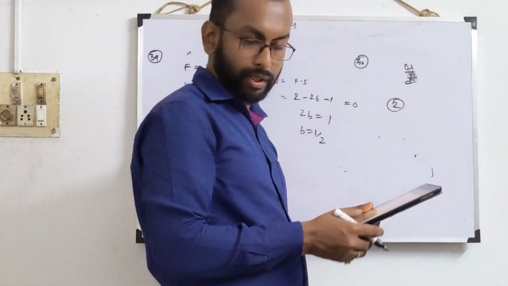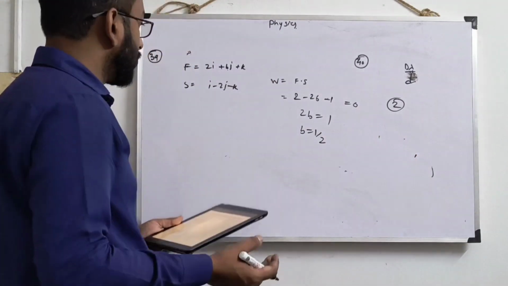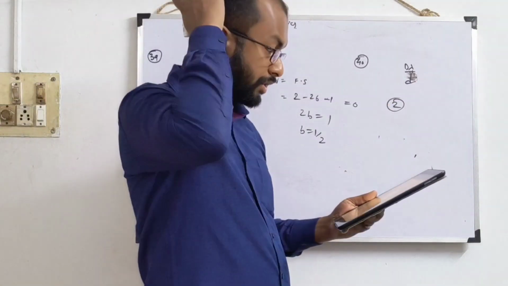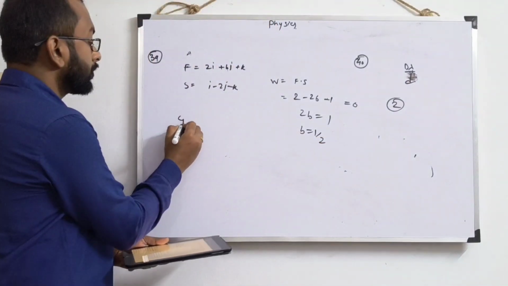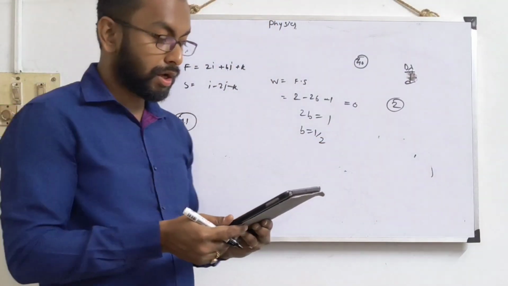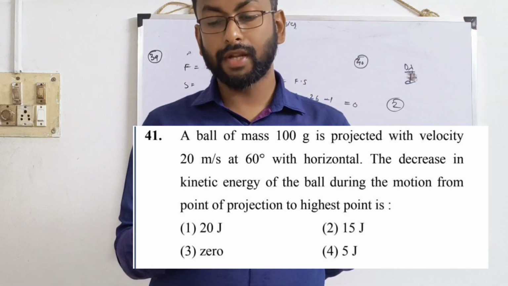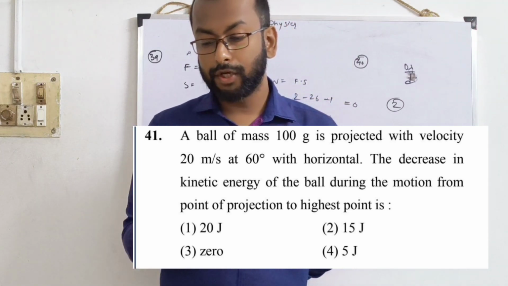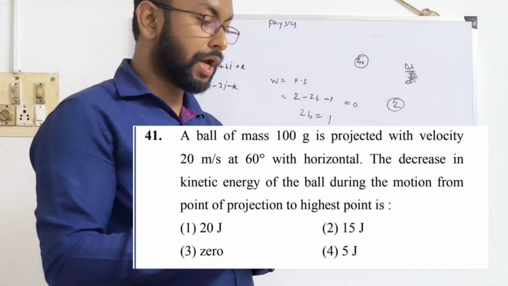The next question is also a very easy question. We will not erase anything from the board. It is very easy to solve. Question number 41. A ball of mass 100 gram is projected with velocity 20 meter per second at 60 degrees with the horizontal. Find the decrease in kinetic energy of the ball during the motion from the point of projection to the highest point.